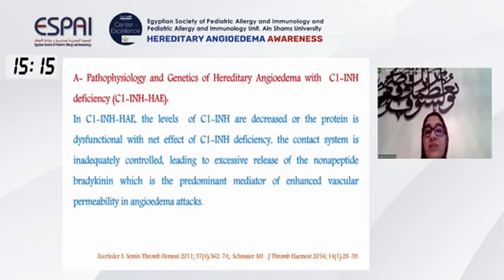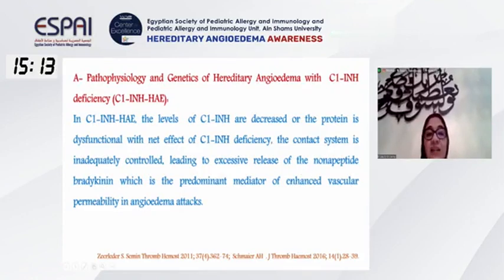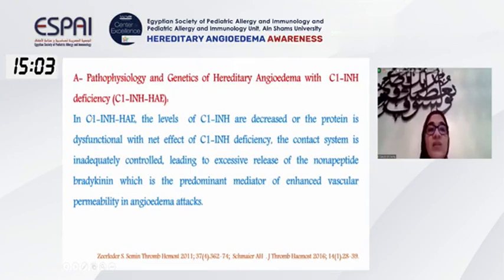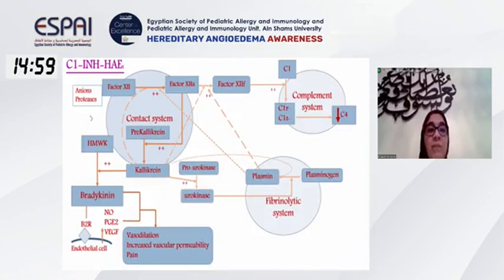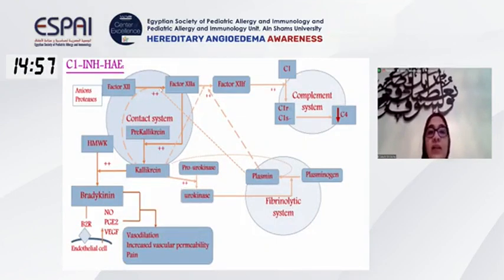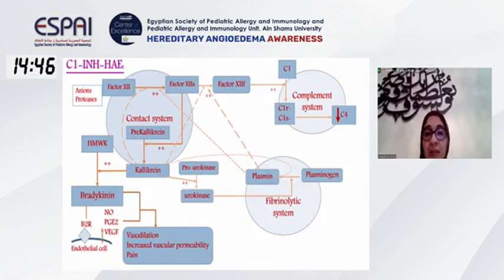Therefore, the contact system is inadequately controlled, leading to excessive release of bradykinin, which is the main and predominant mediator of enhanced vascular permeability in angioedema attacks. So this is a patient with C1 inhibitor deficiency hereditary angioedema. There is no checkpoint at the activation of factor 12, nor kallikrein, nor plasmin, nor the complement system, nor factor 12 fragment.